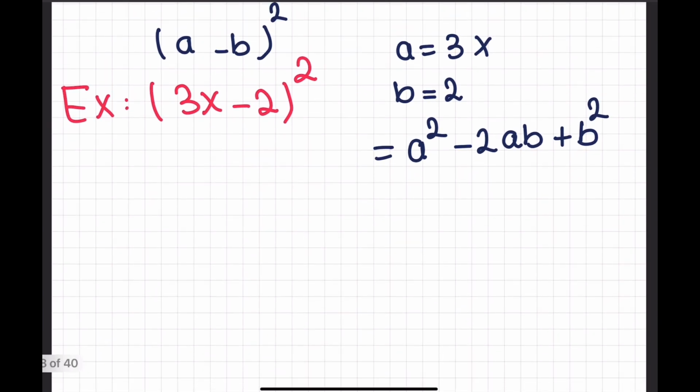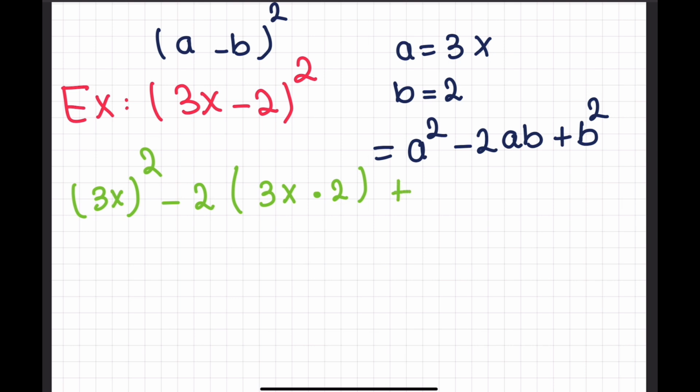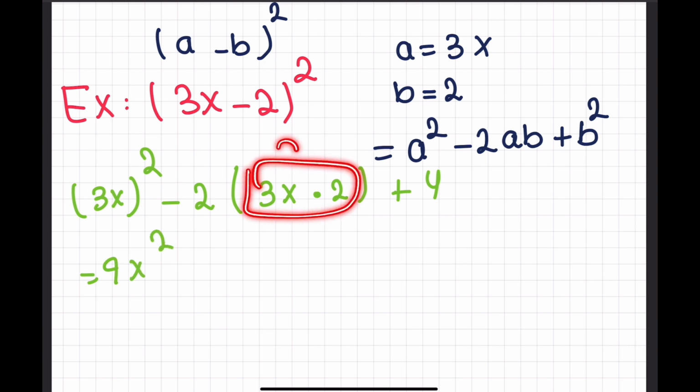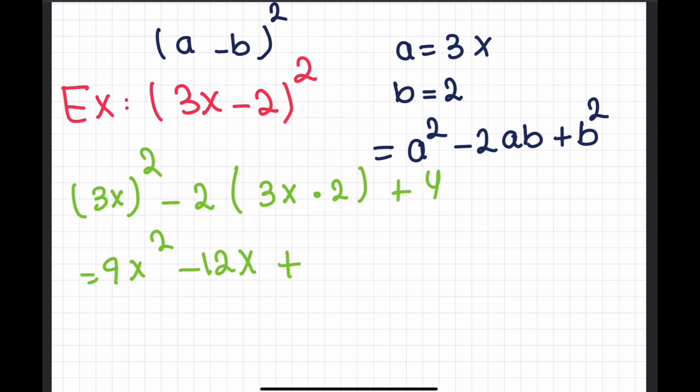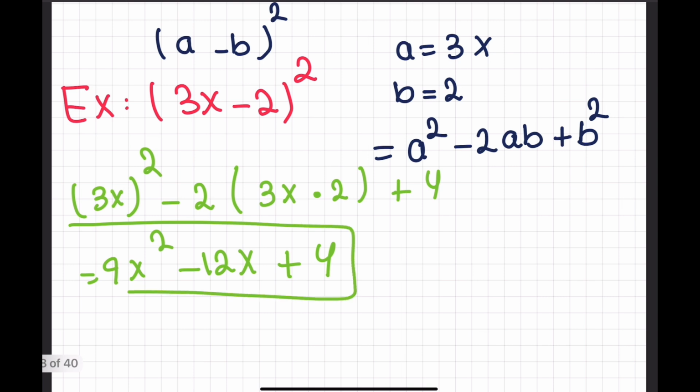So a squared is (3x) squared, minus 2 times ab, which is 3x times 2, plus b squared, which is 2 squared, or 4. So (3x) squared equals 9x squared. 3x times 2 is 6x, times 2 is minus 12x, plus 4. And this is your result for that.